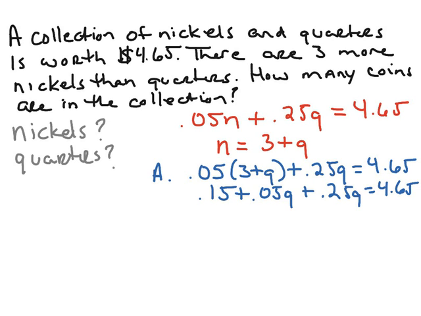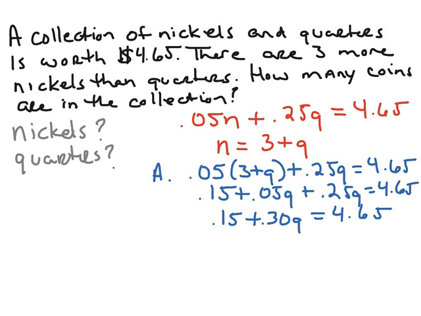Now I'm going to combine the like terms. I've got 0.05 Q plus 0.25 Q, and when I combine those, I end up with 0.30 Q. And of course, it's still equal to $4.65.